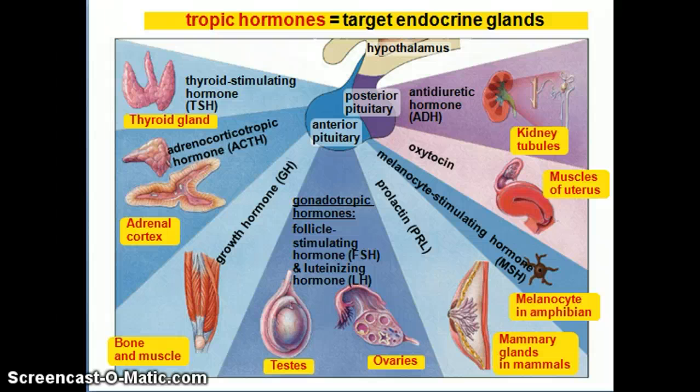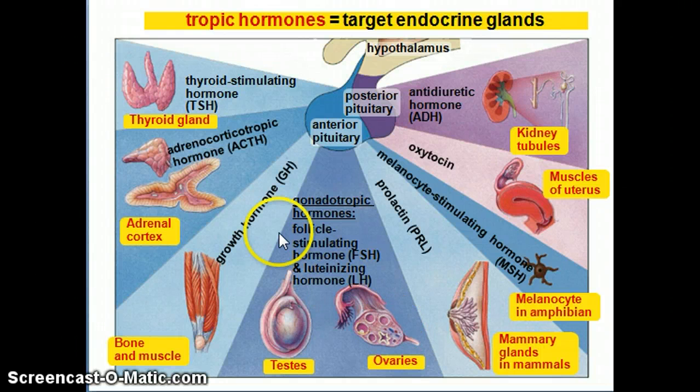So, for example, these are all the different tropic hormones that are released by the anterior pituitary. We have TSH, which is thyroid stimulating hormone, which is going to be targeting the thyroid gland. So again, in this case, it's going to cause that gland to produce and release its own hormones.